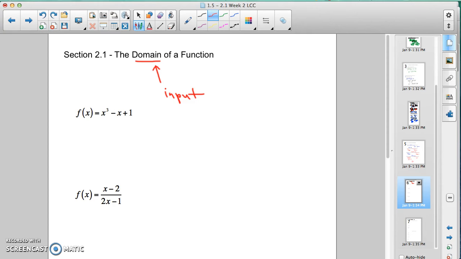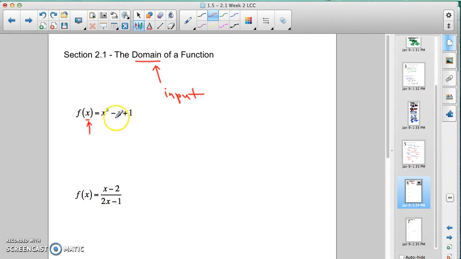When we're writing them in function notation, this right here is going to be our input value. This is a function of x, as x is its variable, and these are what we're going to do with the variable x. This is the rule that we're going to use to form the function values.